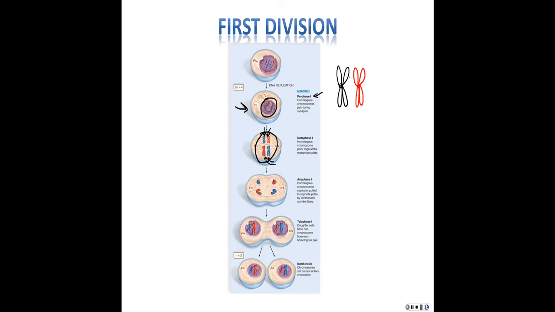Okay, so mom and dad's chromosomes, and what happens is these areas basically switch a little bit of information. The way they do this is first they line up, they pair up, and this process is called synapsis. Synapsis is the process by which the homologs pair up. Okay, and then after synapsis happens, then you have the crossing over.